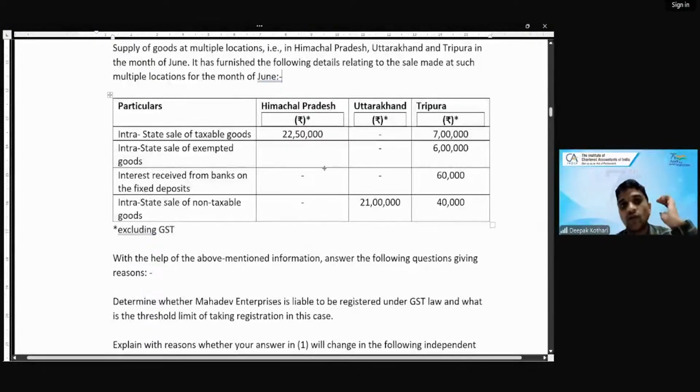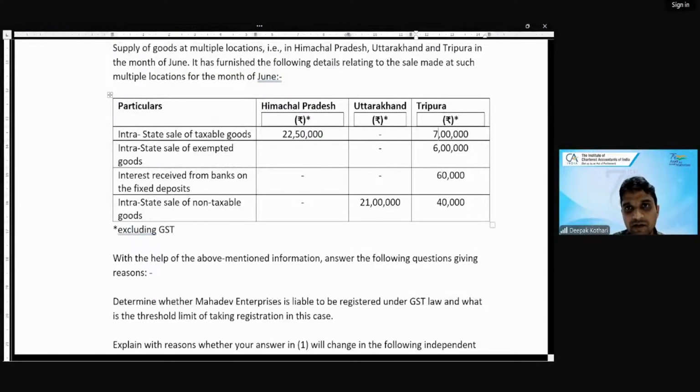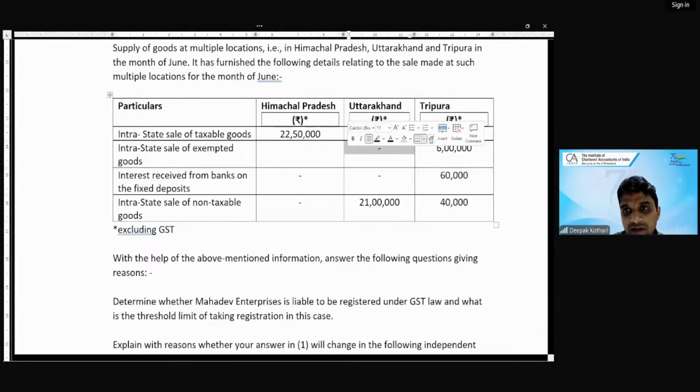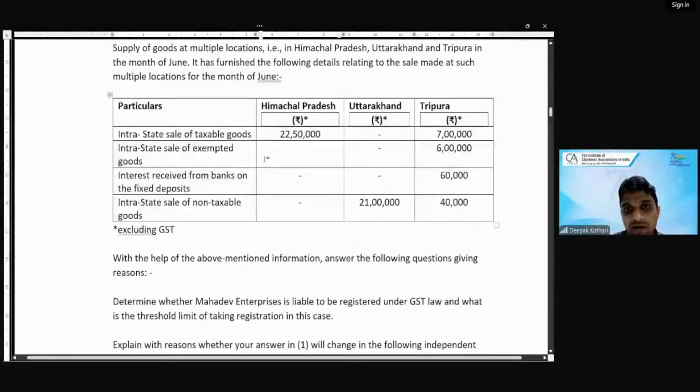In Himachal Pradesh, what did he do? He did intrastate sale of taxable goods. And in Tripura also, he made intrastate sale of taxable goods of 7 lakh rupees. Intrastate sale of exempted goods, nothing in Himachal, but there is something in Tripura.